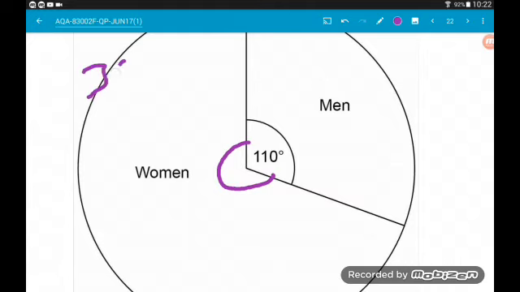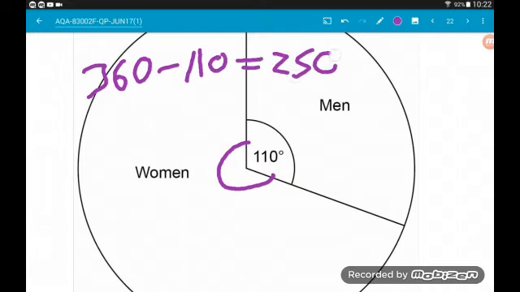So 360 minus 110 is 250. So the women had an angle of 250 degrees. Now we're told that 3,360 more women voted than men. So if we now work out by how much the women's angle is bigger, we will know what angle represents 3,360 people.